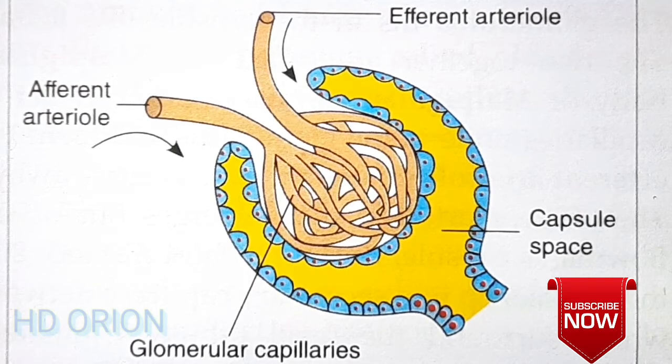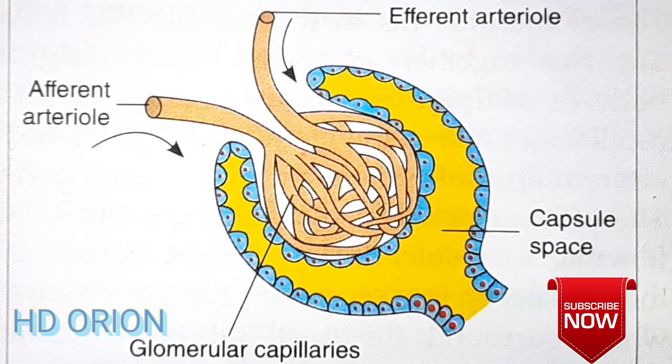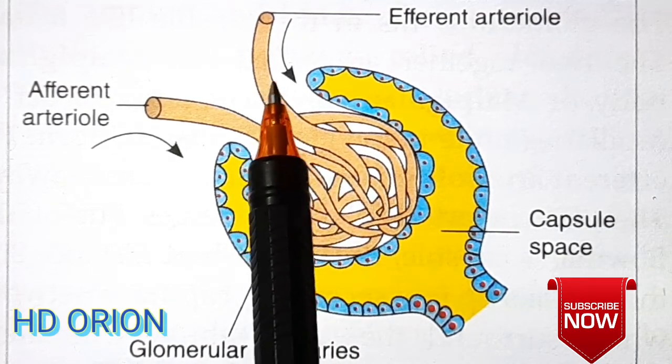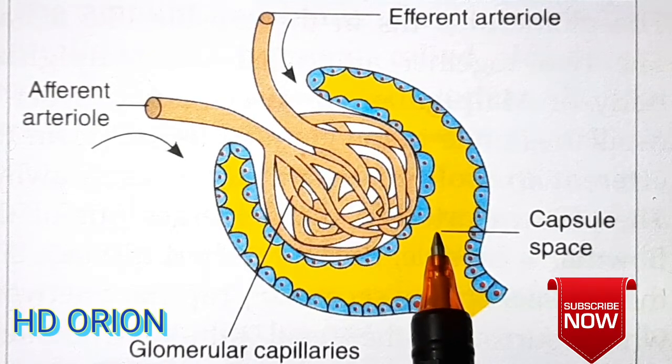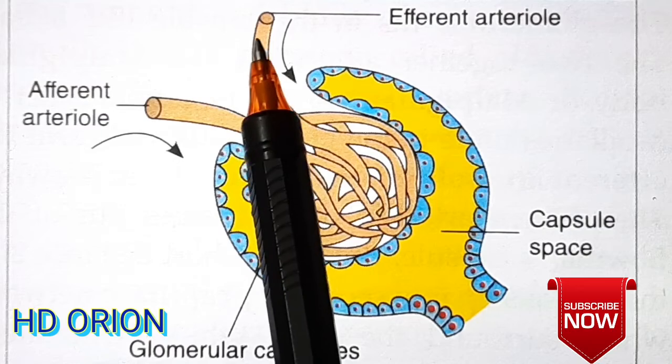It is so because from this 16 liters, much of the water is reabsorbed. Water is so important, we cannot waste that much water, and along with that, many important things are again taken back into the efferent arteriole, and therefore from here much of the important things will again enter into the blood.